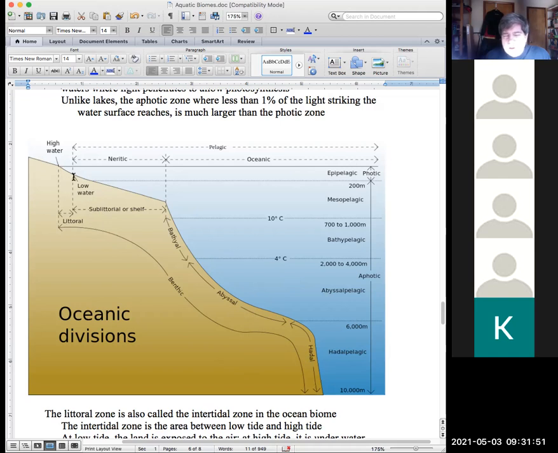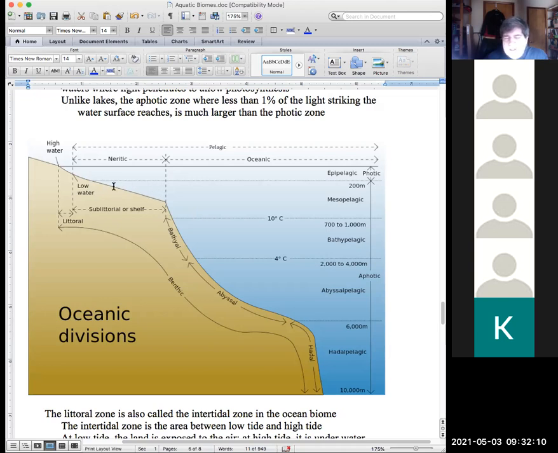Now we have the littoral zone up here. Below that, we have a region called the sublittoral zone. Sub means below, or the shelf zone. Now, notice if we look at the land here that the land is sloping downward, but it's sloping downward kind of gently.